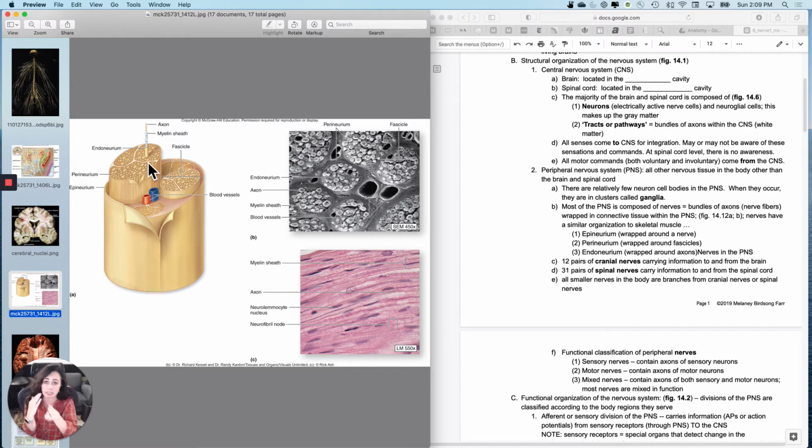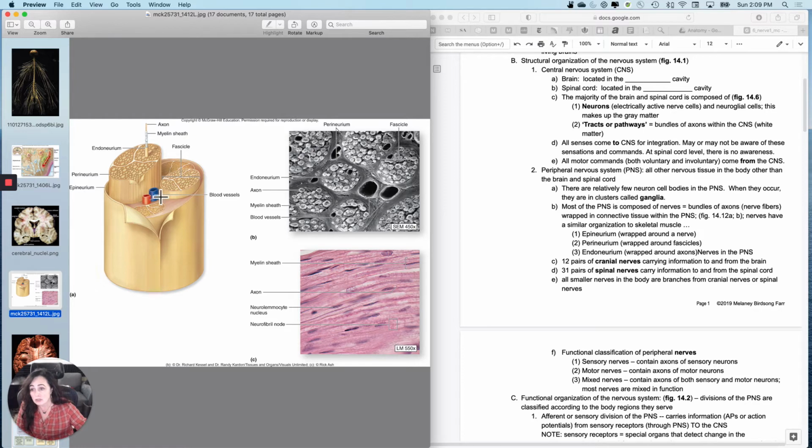But it has protective connective tissue wrappings around it that should sound familiar to you. For instance, the entire nerve is wrapped in connective tissue that protects it, called epineurium. And then the epineurium will fold in and divide the nerve into bundles of axons called fascicles. And you can see a fascicle right here, which is really cool.